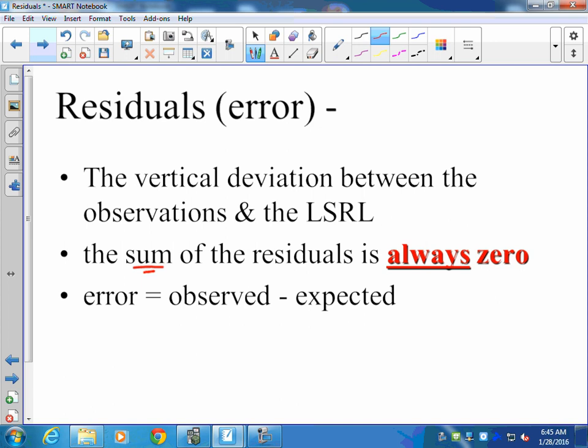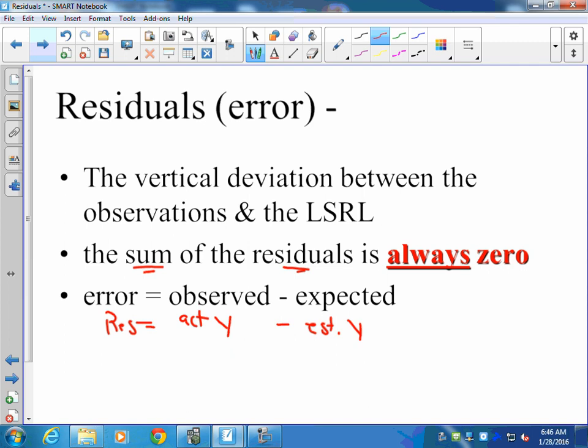So when we were measuring that vertical distance, when we drew the line through, what we were actually measuring is the residual value. The formula we're looking for is this: the error, or the residual value for any point, is the observed, the actual y, minus the expected, that is the estimated y, from the least squares regression line.